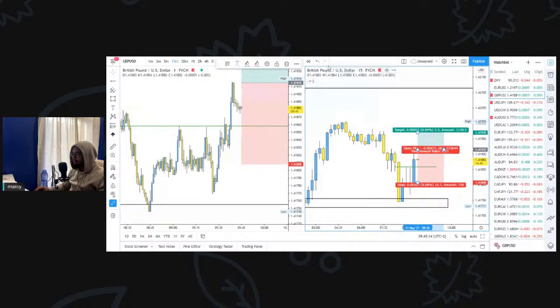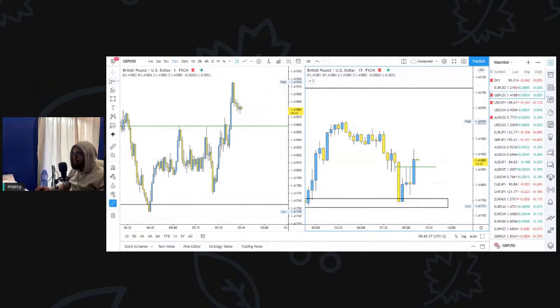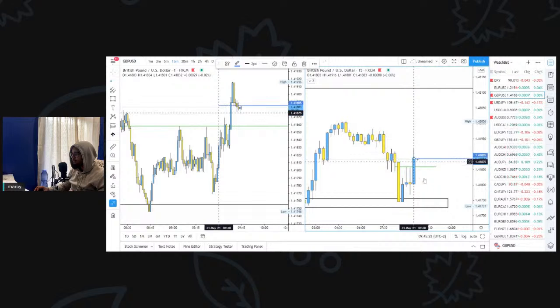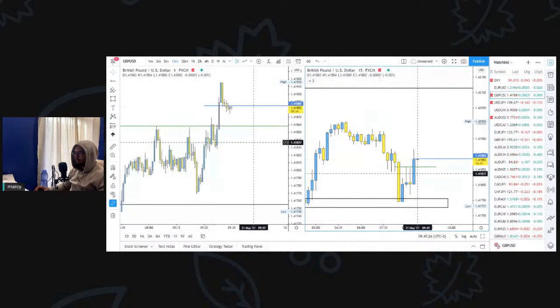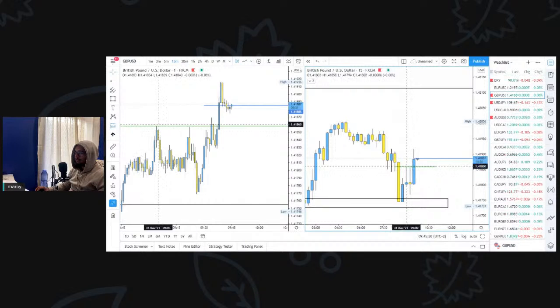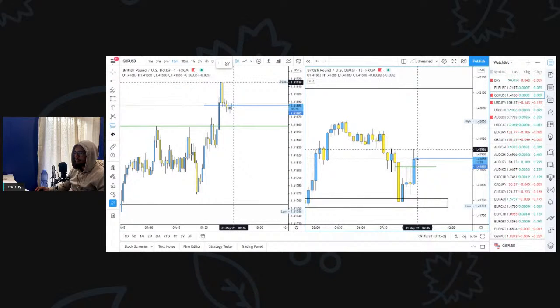But if we do get a wick, which I am looking for, let me add this right here. That's where price will turn bullish on the next candle. If price turns bullish on the next candle, you're looking to buy right here on these highs.